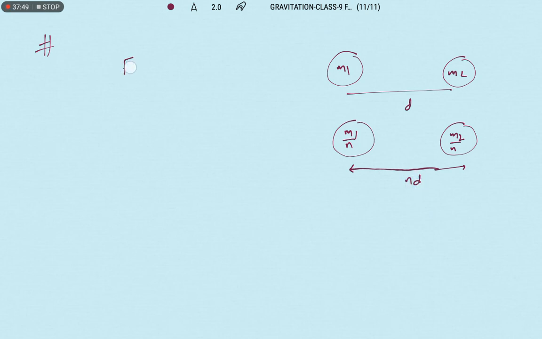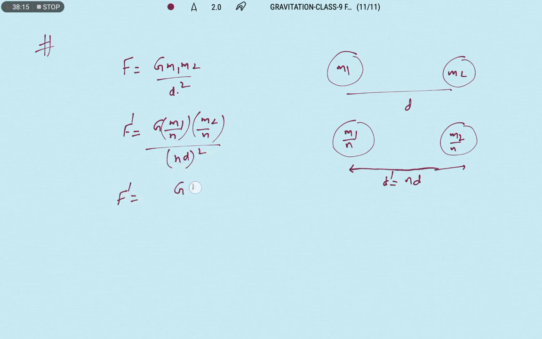Right, so we know that in the initial case F is equal to G m1 m2 by d square. Then what about the final case, F dash is equal to G m1 by n, m2 by n, by n times of d whole square, since d dash becomes n times. Therefore F dash is equal to G m1 m2 by, so n into n square in the denominator, and here in the denominator again we have n square d square, so G m1 m2 by n power 4 d square is equal to F dash.